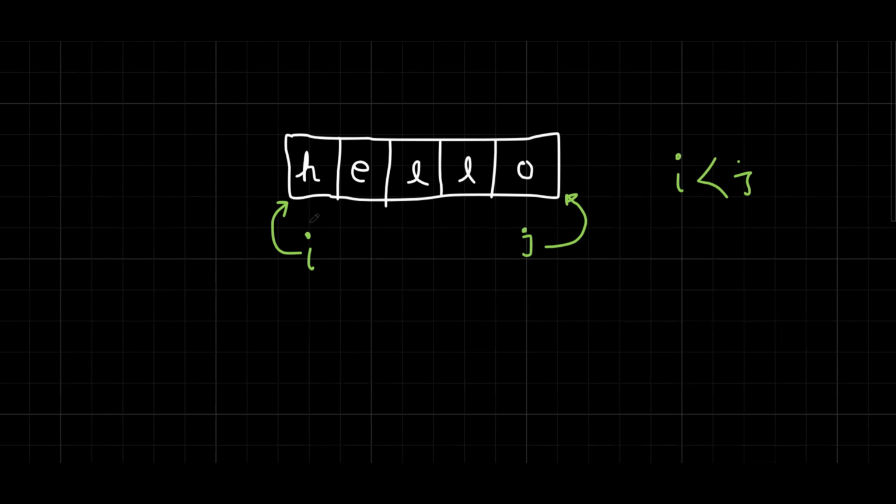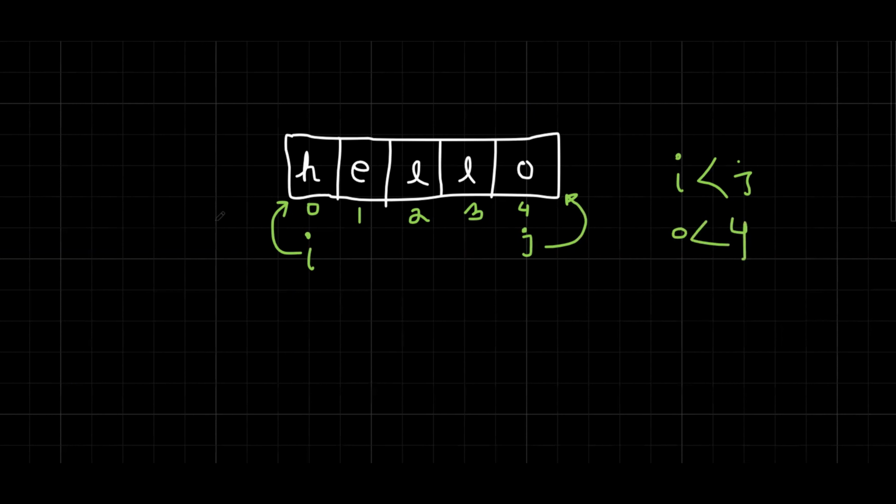Suppose here, the pointer I value is 0 and the pointer J value is 4, because the index numbers of the array start with 0, 1, 2, 3 and 4. So here the pointer I value is 0 and pointer J value is 4. So obviously 0 is less than 4.